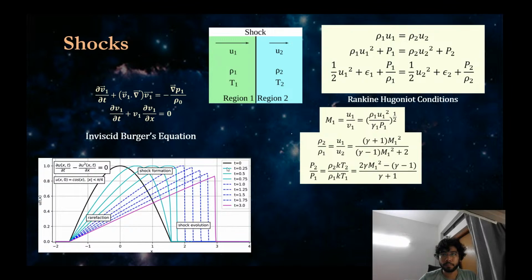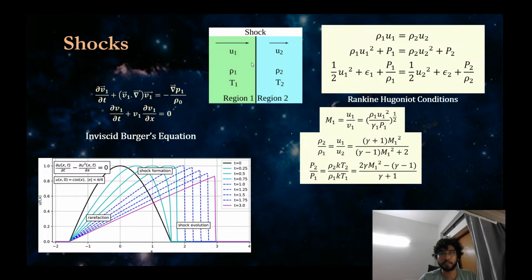These shocks are also well seen in astrophysical systems. Now, to understand how the velocity, pressure, temperature and density vary across the shock boundary, we look at this diagram. For example, this is the pre-shock and this is the post-shock region.